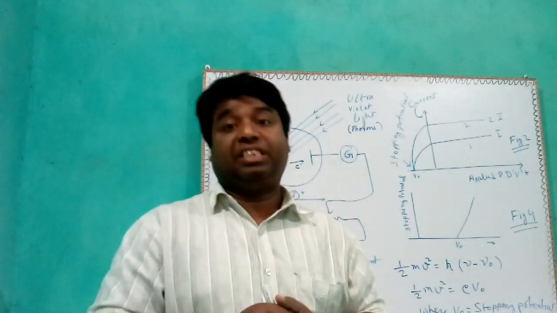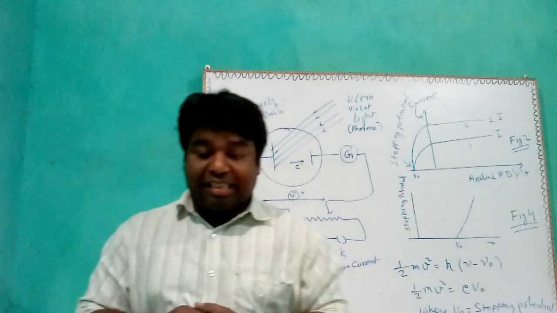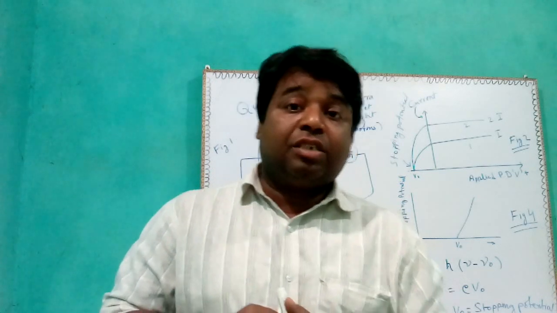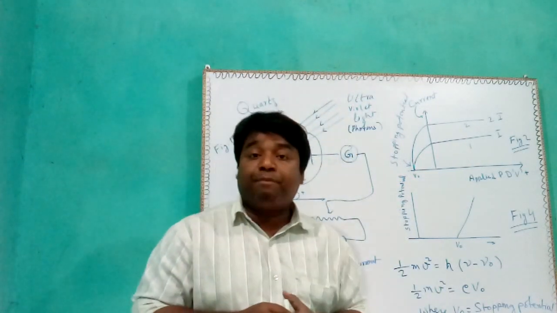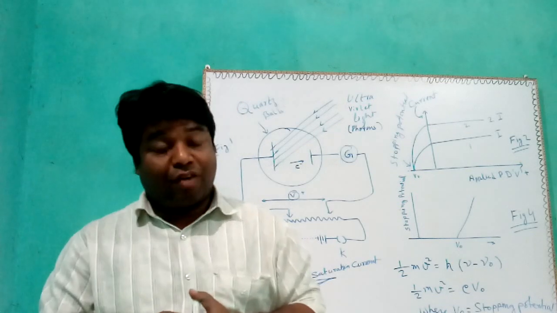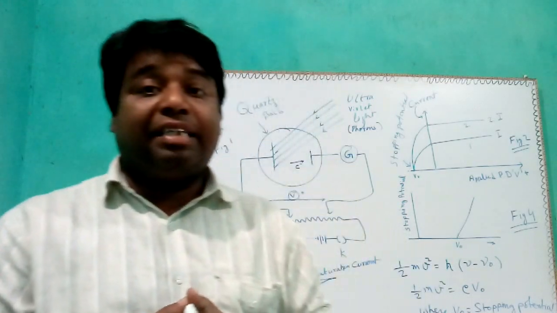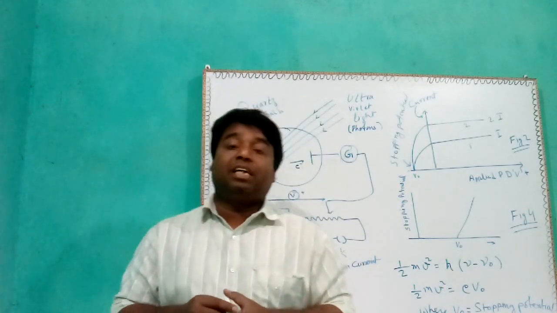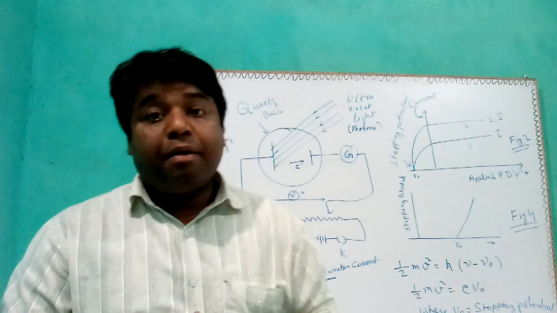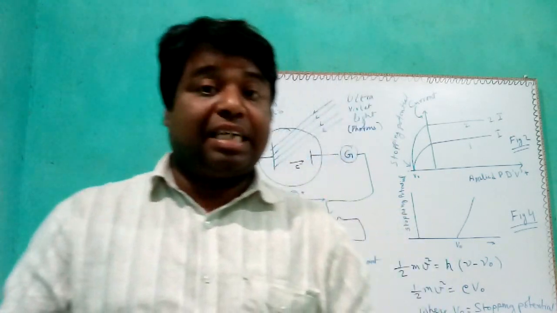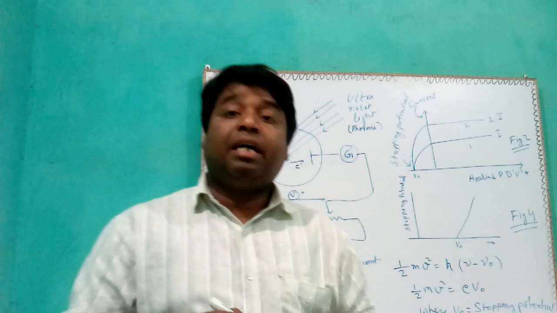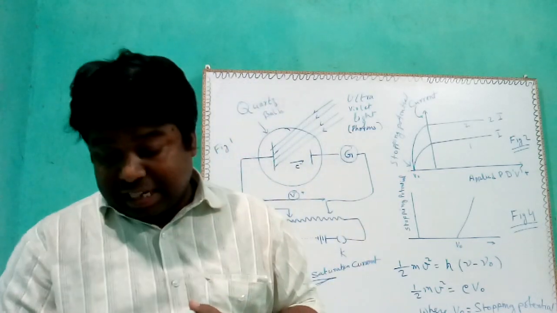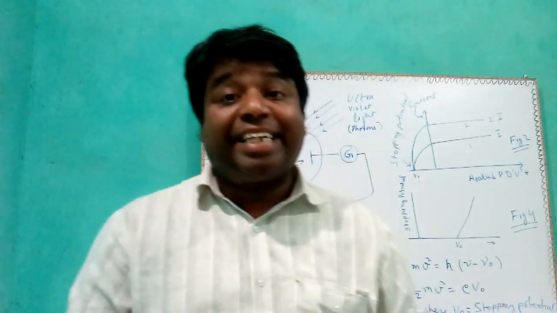stopping potential energy. The fourth factor is about the material. Which materials shall I use? As I told you in the beginning of my lecture, the first material was zinc. However, this phenomenon can be observed in most materials, especially the first block elements of the periodic table: potassium, sodium, zinc, tungsten.